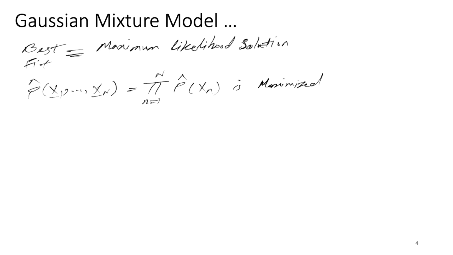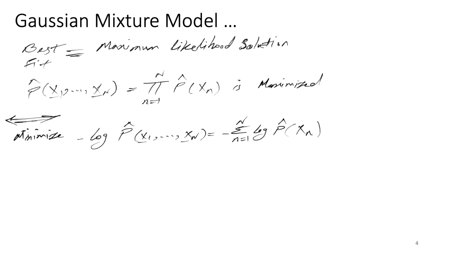So using the maximum likelihood solution, we know that the P estimate of the x's, x1 up to xn, is equal to the multiplication of all of them, right? So all the P hats of xn should be maximized. And we saw that we can transform this and convert it to a minimization problem so that the minus log is minimized.